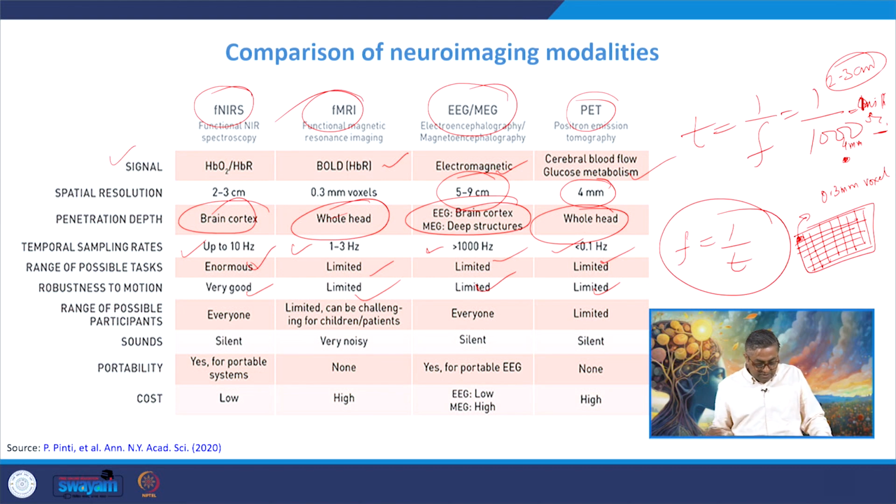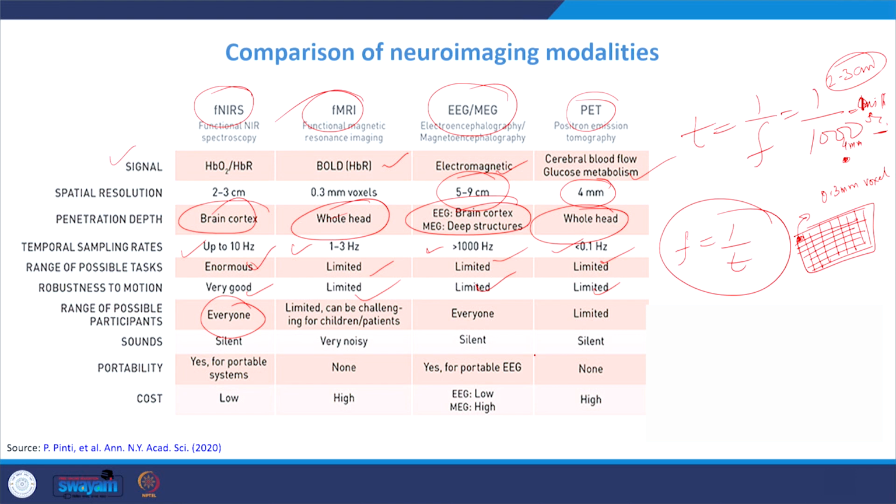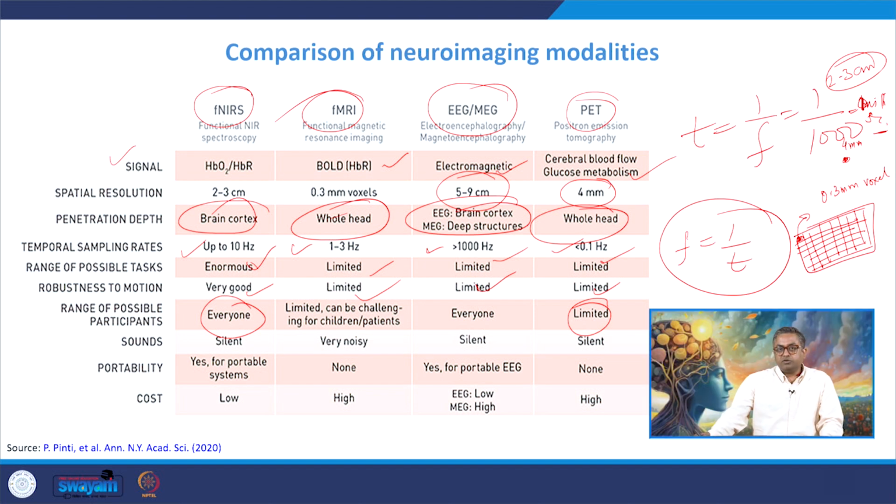Range of possible participants, everyone can be done with fNIRS. fMRI is challenging for children, participants and patients, and particularly somebody who is claustrophobic, fMRI seems to have a little problem. PET is also very limited. You do not know how impactful the radioactive tracers could be, and they can be lethal to the human body. EEG can be done with everybody, that is an easy part.